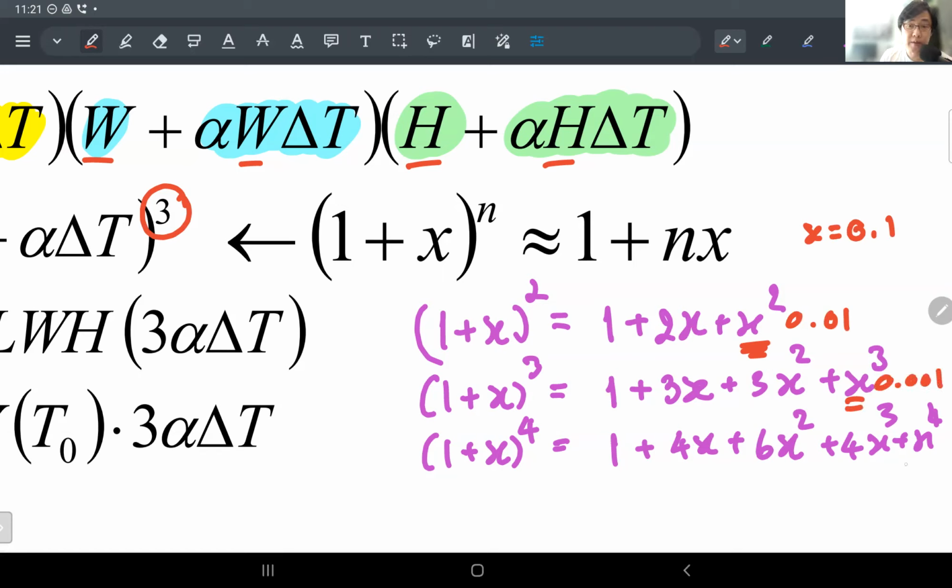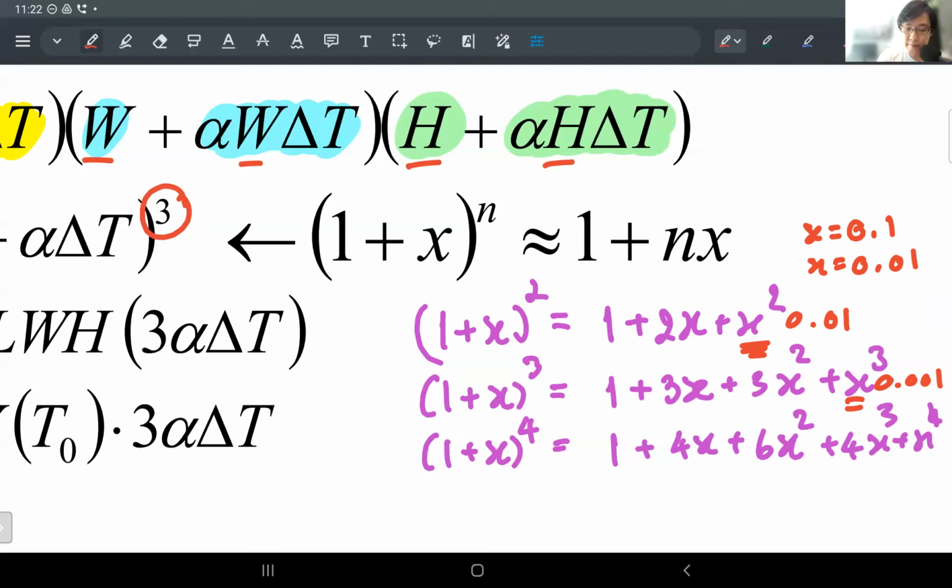So as long as x is small, the higher order terms get less significance. Things get even better if x is like 0.01. Wow, if x is 0.01, the second order term will push the numbers back to the fourth digit already. And forget about the cubed one, it will run all the way to the sixth digit.